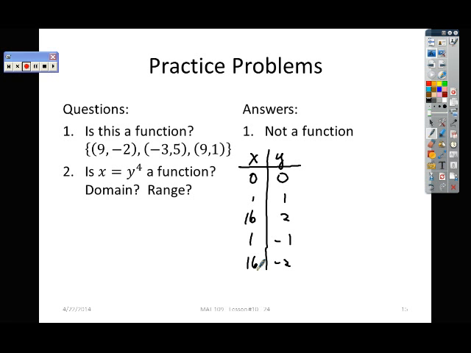And if you draw this, let me make sure I draw this right. Yeah, it's going to give you this, like that graph we saw previously. It's like a parabola, but instead of being up or down, it's turned on its side.